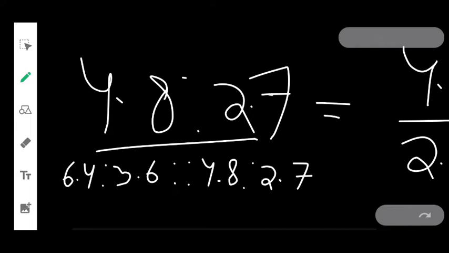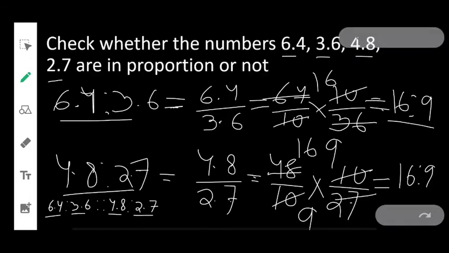As you can see, both the ratios are the same, so hence the numbers 6.4, 3.6, 4.8 and 2.7 are in proportion. Clear?